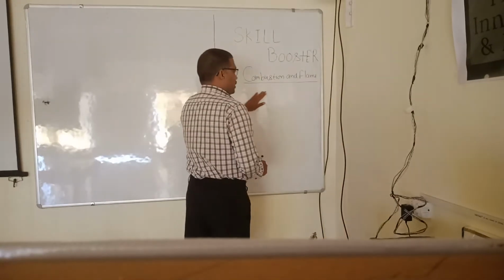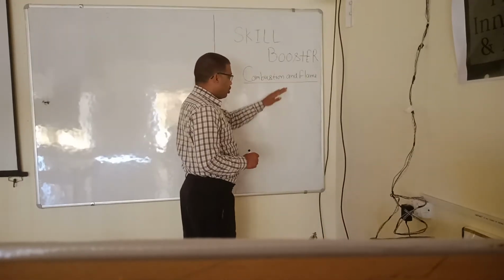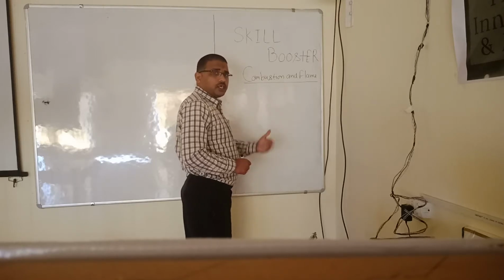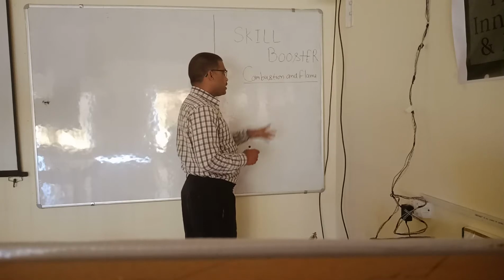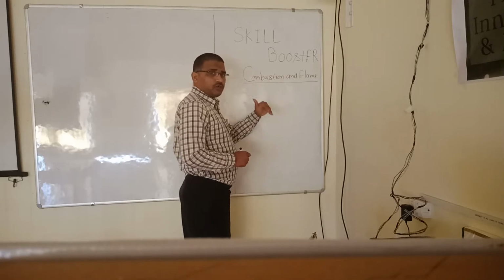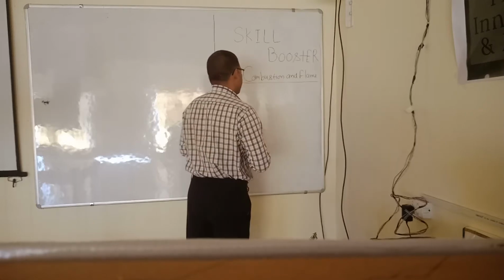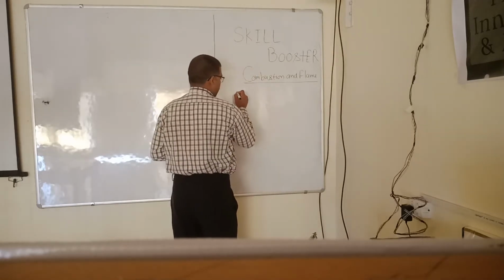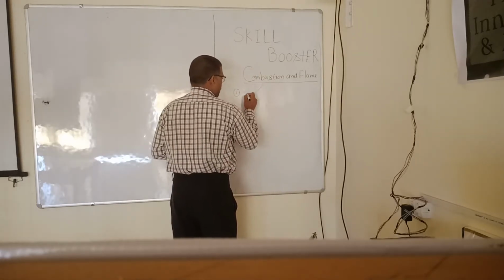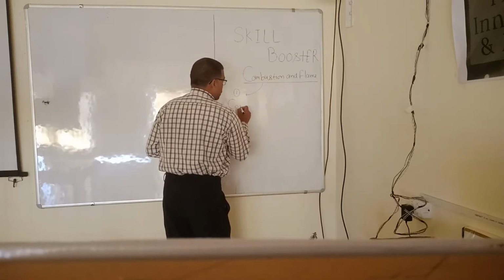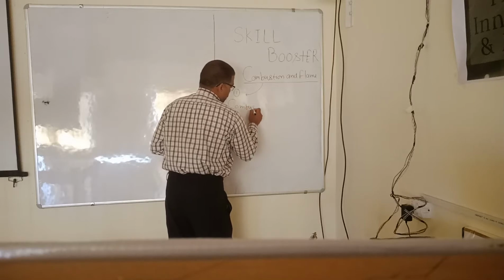In this chapter we will discuss all the content, but here we are going to start a new kind of thing: the different objectives and different knowledge which we get from this chapter. The first point is that we will have knowledge about combustion.